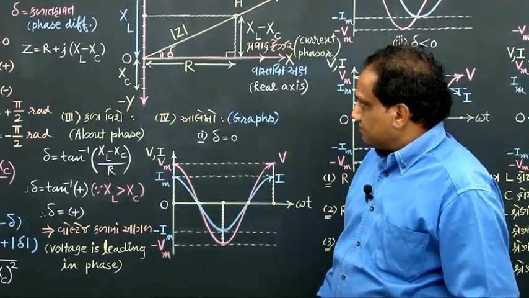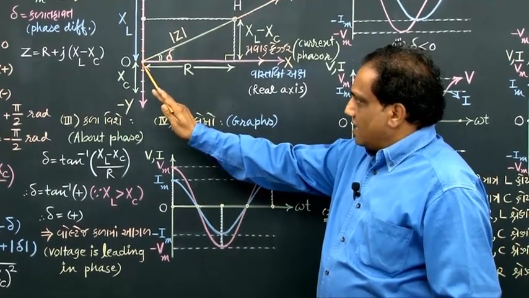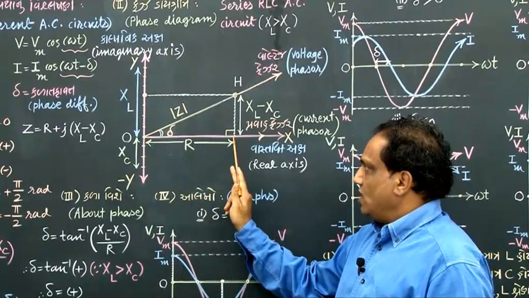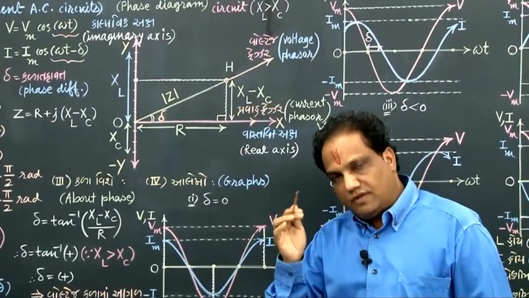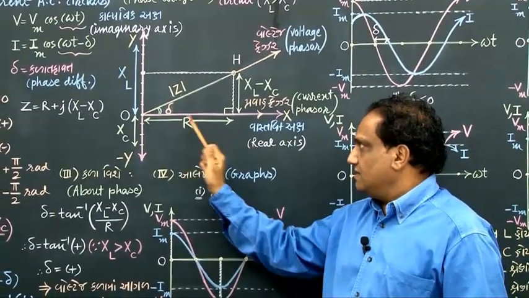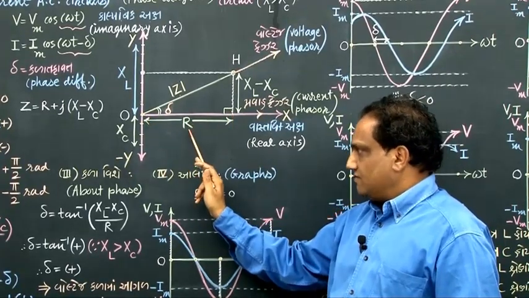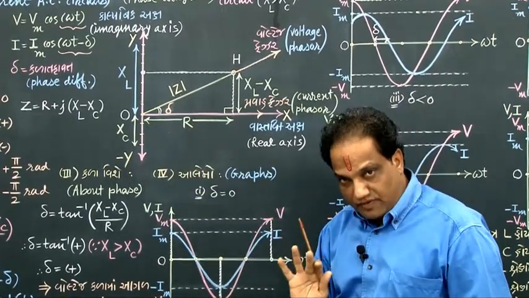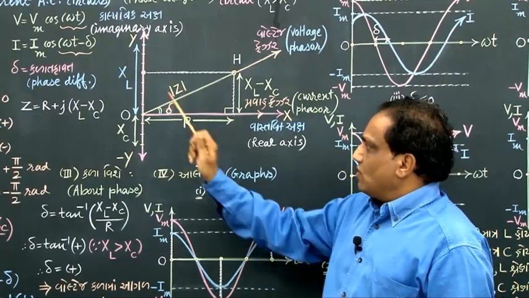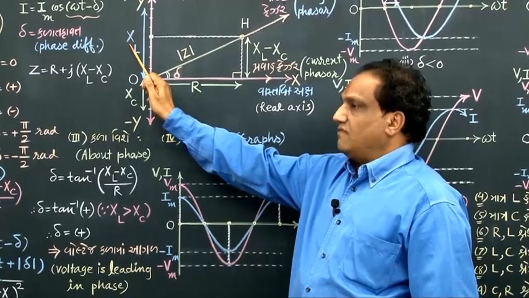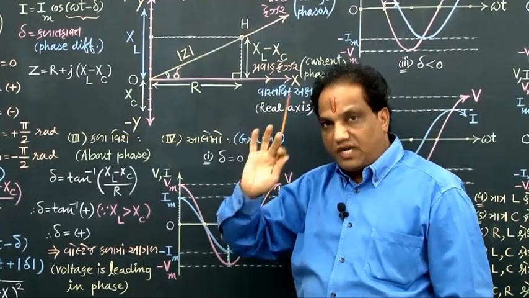Now tell me. R I am showing first of all. Whatever value you like, depending upon that, you can show this length. Any length you can take as the value of R on the positive x-axis. Now, because you have taken XL greater than XC, suppose the XL value is 7 units.